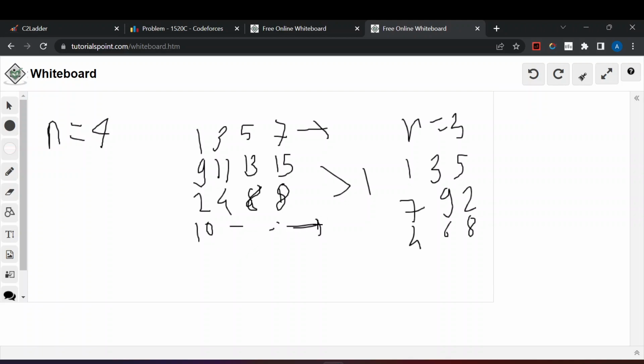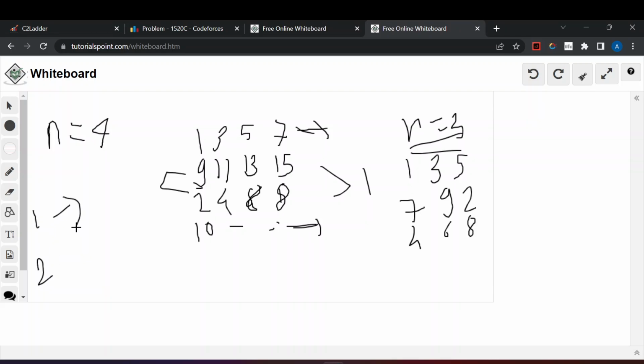No problem for the first and last lines, but when they come together still the difference is big enough. And for n is equal to 3, 1 3 5, 7 9 2, 4 6 8, still we don't have any problem printing this. So this is a pretty much easier solution.